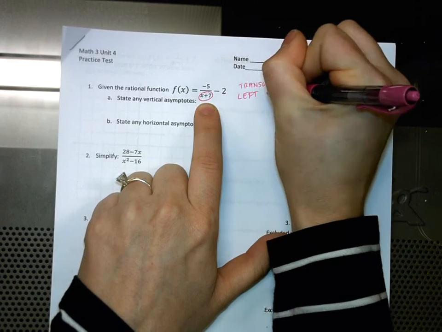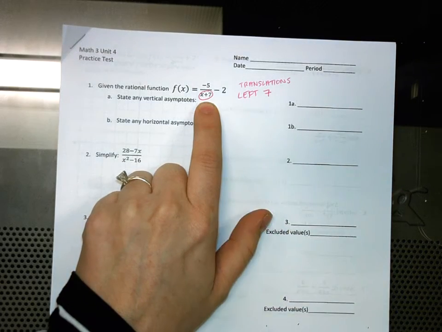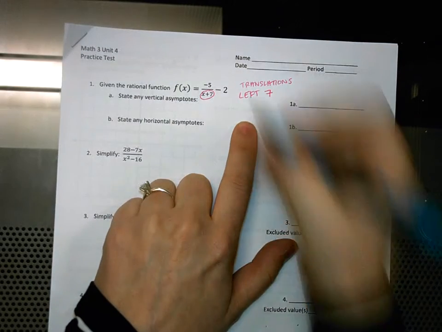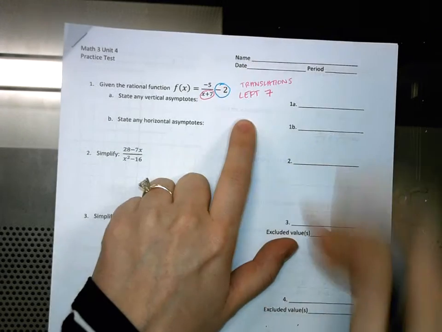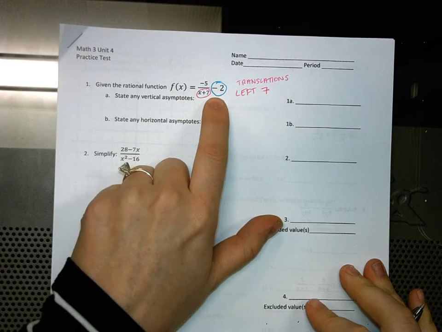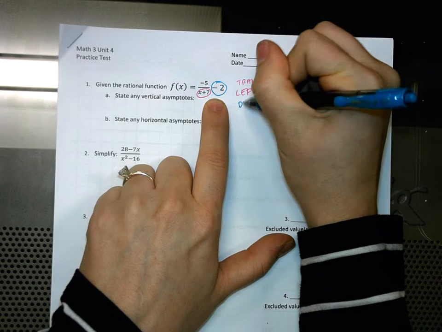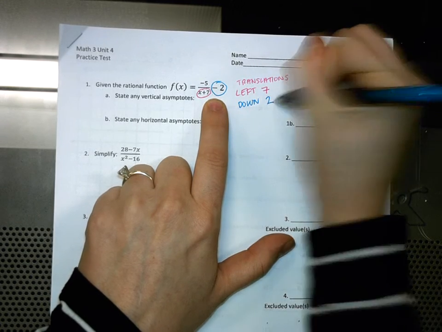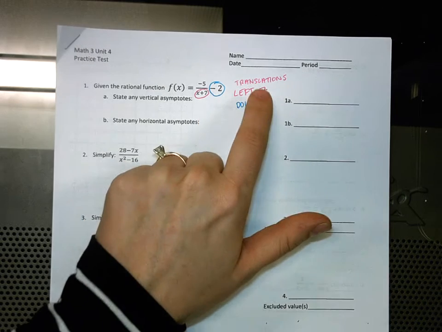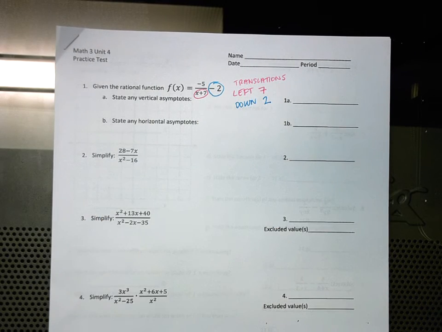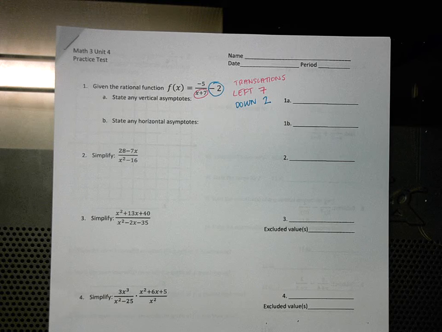Left 7. And if I take my function and subtract 2 from the end, that means I go which direction by 2? Down 2. Okay, this should give me my horizontal and vertical asymptotes.